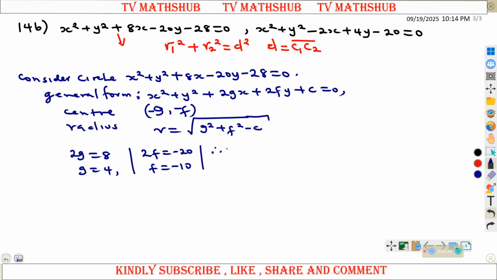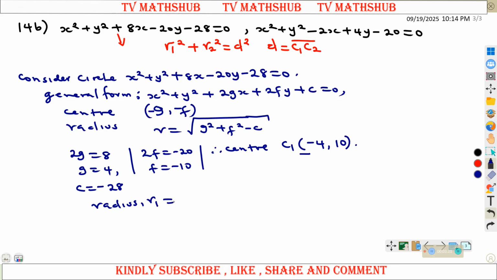This implies that center 1 will be negative g, negative f. So that is negative 4 and positive 10. So that will be center 1. From the same equation of the circle, we can also see that c is negative 28. So how do we get the radius?